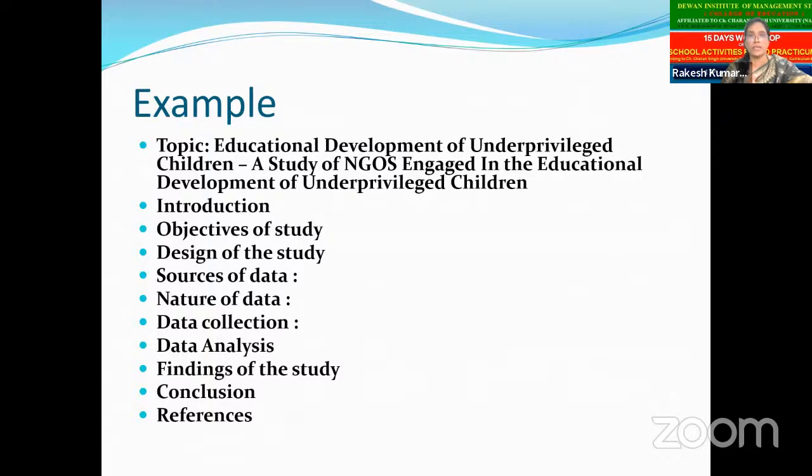After that, you have to write first of all the introduction. In the introduction, you can write about NGOs, educational development, and what their educational development is, and the next is the purpose of the study, that means the objectives of the study.